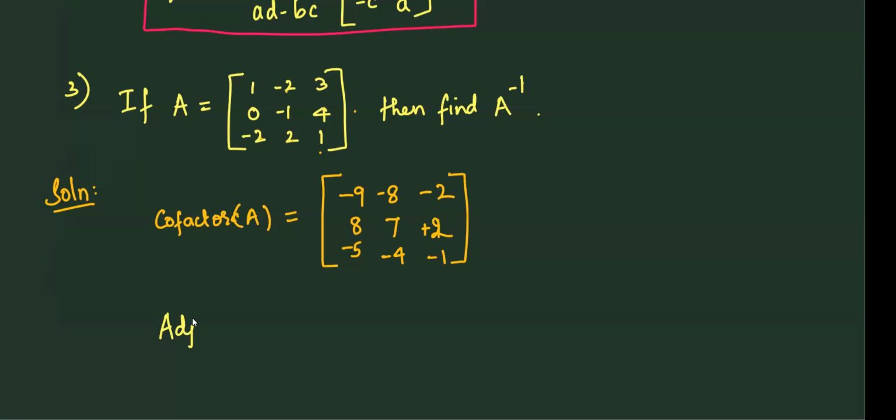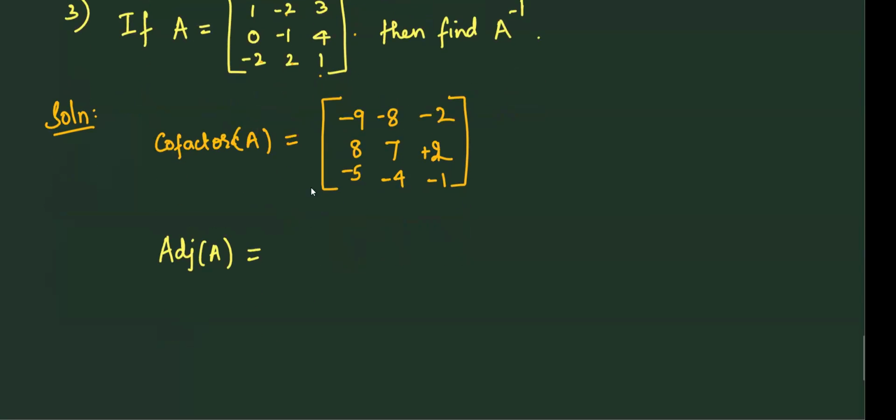Then adjoint of A is the transpose of this: minus 9, minus 8, minus 2; 8, 7, 2; minus 5, minus 4, minus 1.